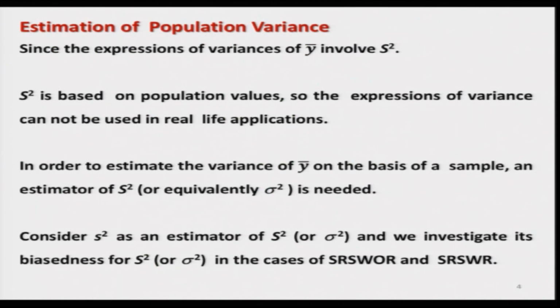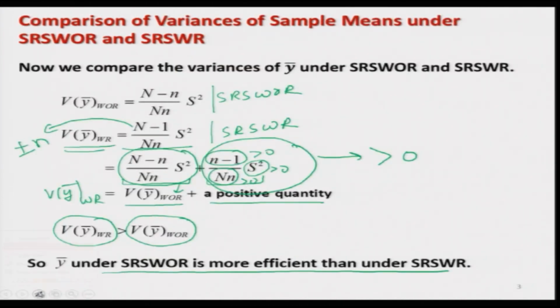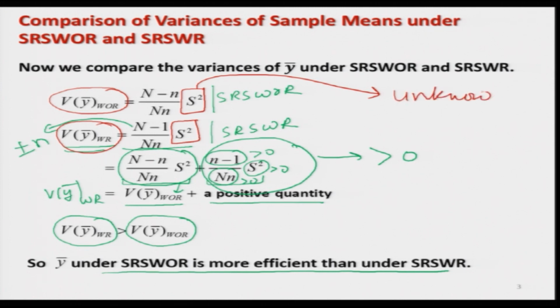Now, you can also see that in these expressions, the variance of y bar under WOR and under WR, we have the quantity capital S square, and this S square is unknown to us. Why is it unknown? Because it is based on the population values y1, y2, up to y capital N, and we do not know the entire population, because if I knew the entire population, why should I go for sampling?